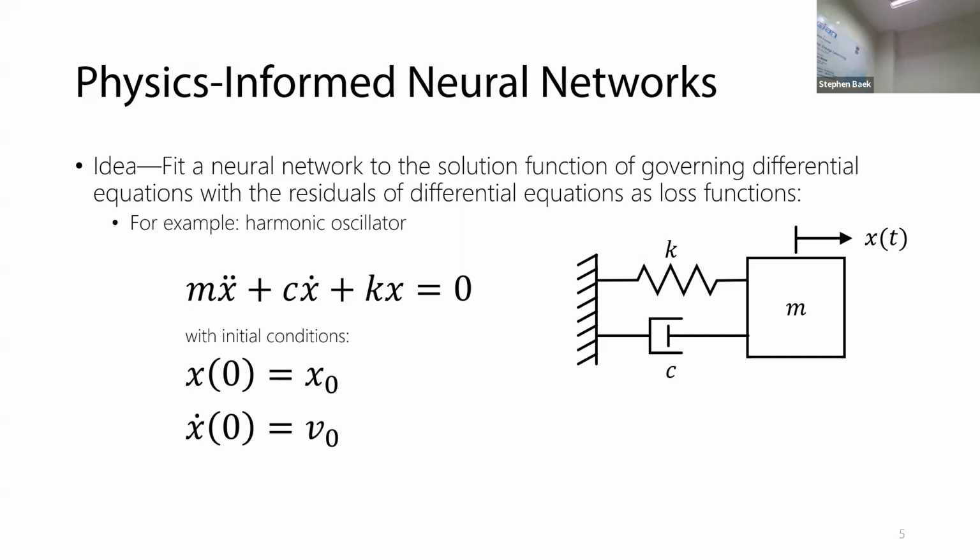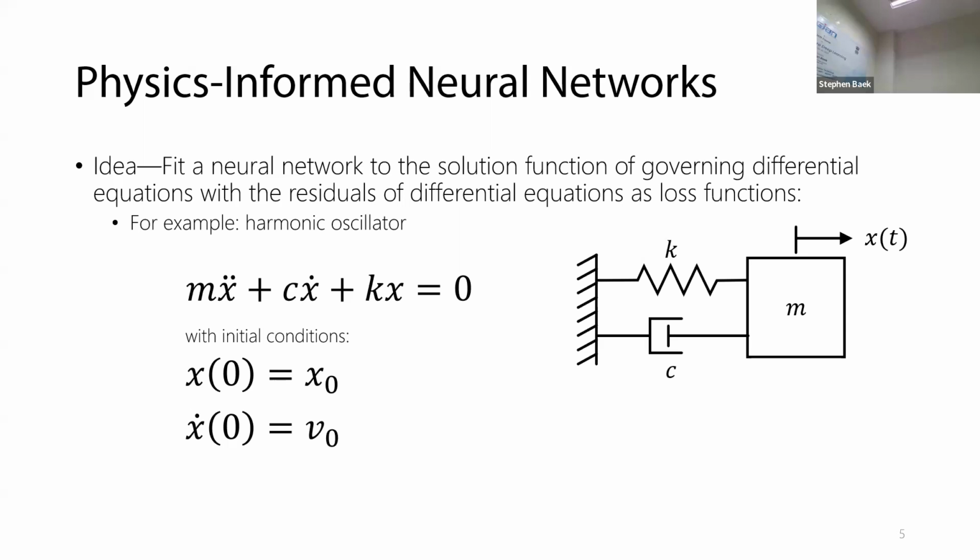This is the physical rule that this system should follow, given that we have a spring with spring coefficient k, and then a damper c. Then we have this ordinary differential equation where the acceleration of the mass should be the same as the damping c times x dot, the velocity, plus kx. This is Hooke's law, right?